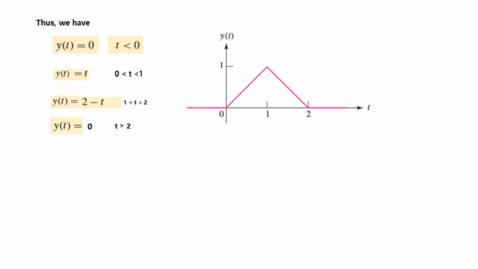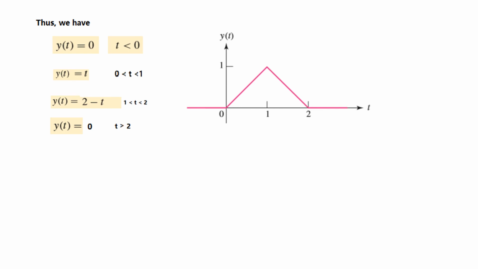So here t has a slope of one, so this will be plotted against 1 and 1. This is the positive slope, so t is plotted here.